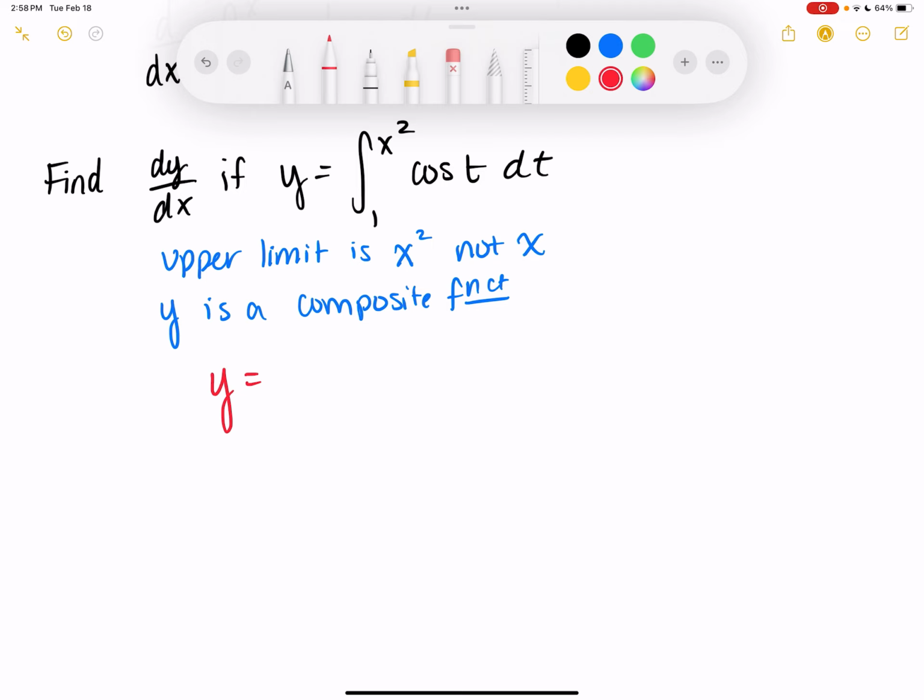So y equals the integral from 1 to u. I'm replacing x squared with u because it's a composite function. So from 1 to u of cosine of t dt, where u is equal to x squared.